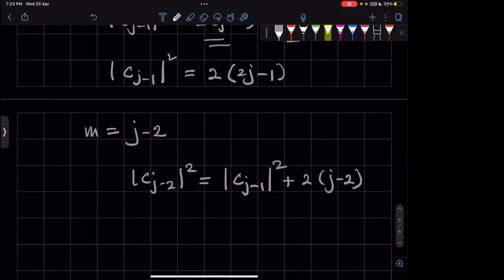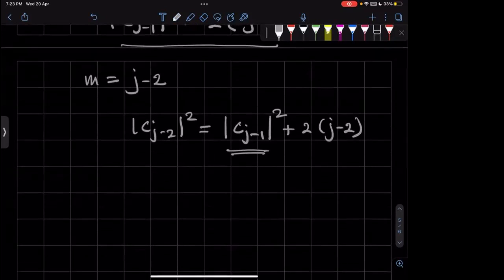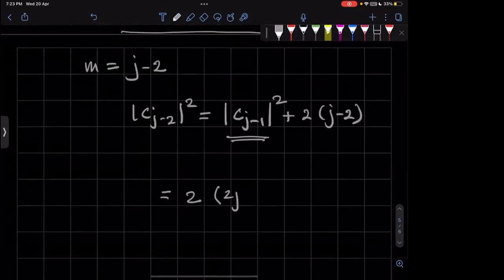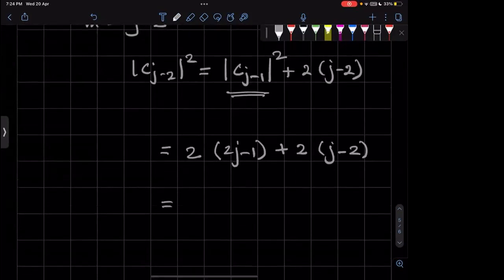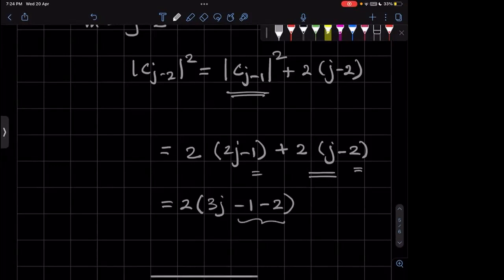And then using the value that we have just found, we can write this as 2 times 2j minus 1 plus 2j minus 2. And then we see that we have another term with 2j, so we can write 3j here. And here we have minus 1, and there was minus 2 coming from previously, so we write it suggestively like that, right? We could have added these 2 things, but we are looking for a pattern.